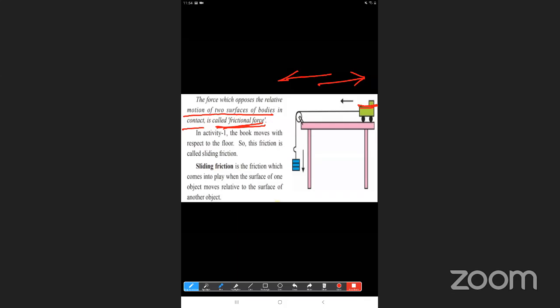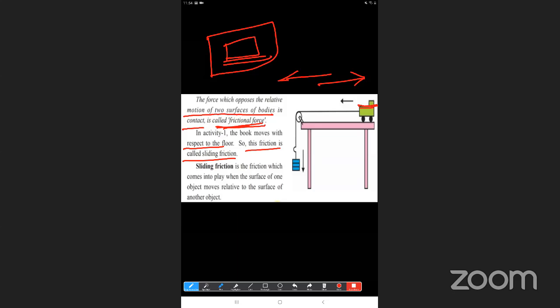So here, in activity 1, the book moves with respect to the floor. Yes, so this friction is called sliding friction. There the book moves with respect to the floor, or we can say the table also. So here this friction is called sliding friction.